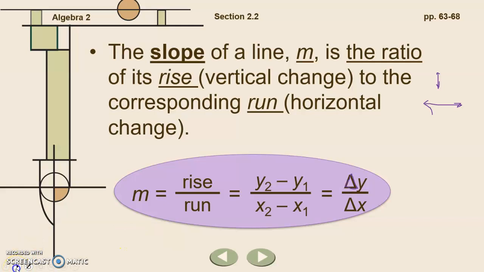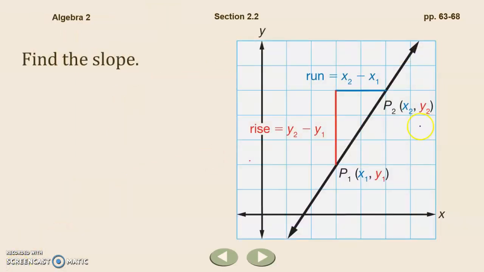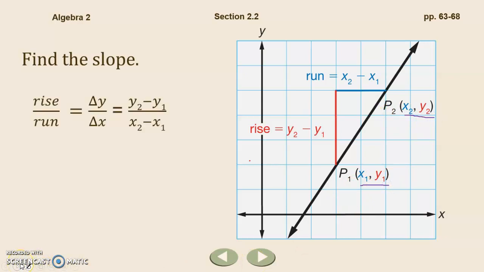The change in y over the change in x. So let's find the slope here. Here we've got our x2 and our y2, our x1 and our y1. According to our formula, slope is y2 minus y1 over x2 minus x1.